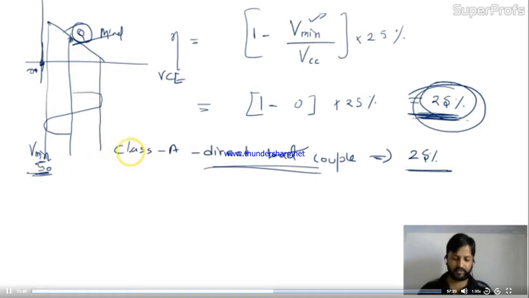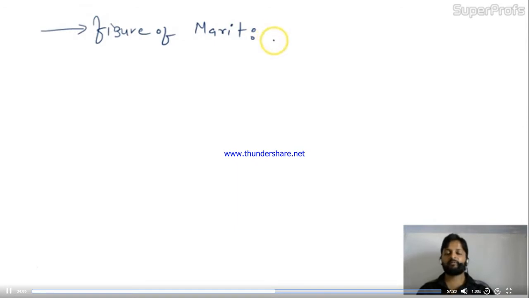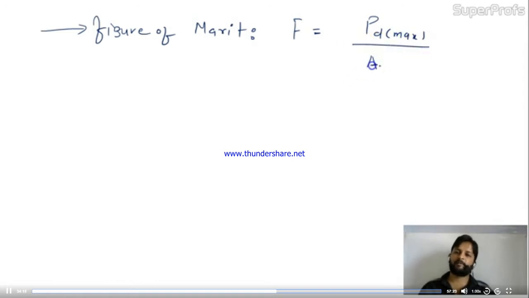Now let me talk about the figure of merit also. The formula we have seen is F equal to PD max divided by PAC max. This was the power dissipated and this was the power delivered, if you know.